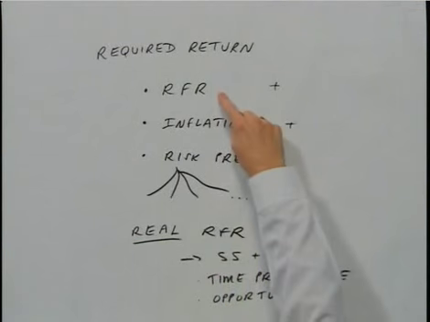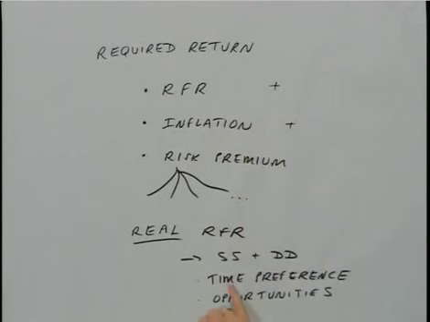Stepping into the notion of the real risk-free rate of return, which is the first component, ignoring any inflationary considerations. That is affected really by the supply and demand for money.